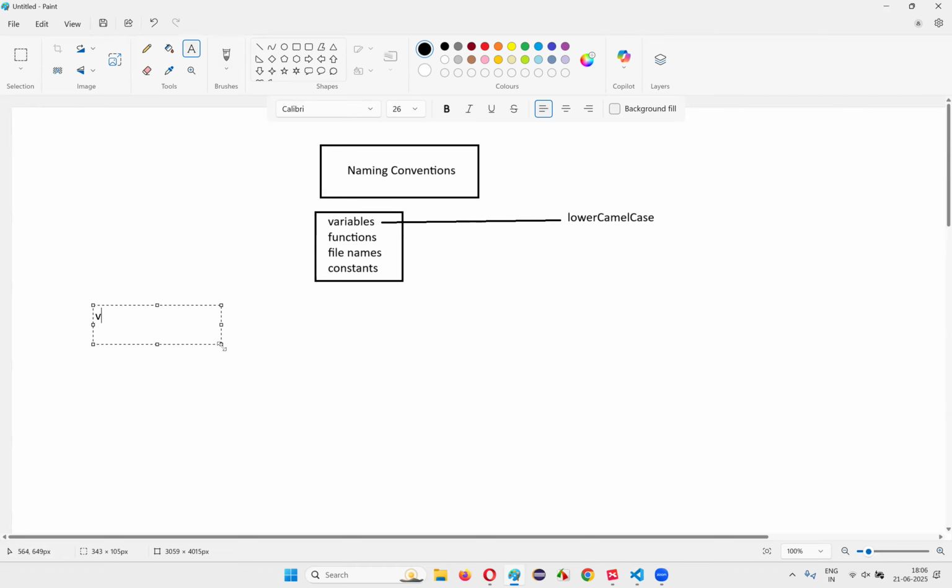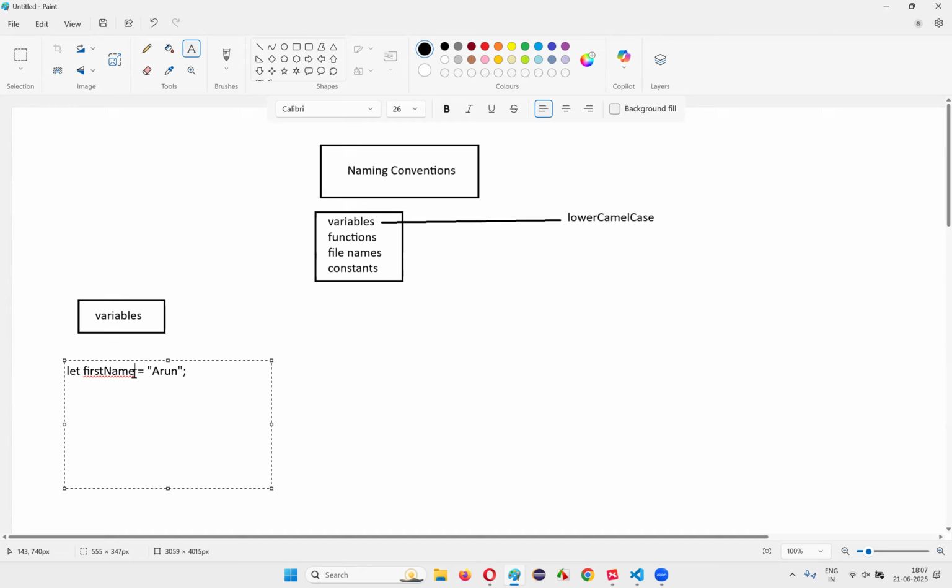So here I'll write down variables. For variables, how do you name them? Let's say I'm naming a variable: let firstName is equal to Arun. Like this, I am naming a variable.